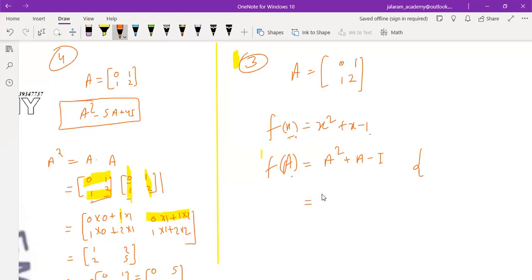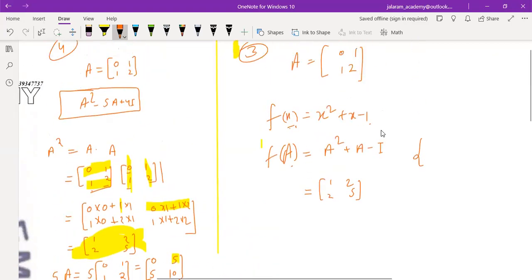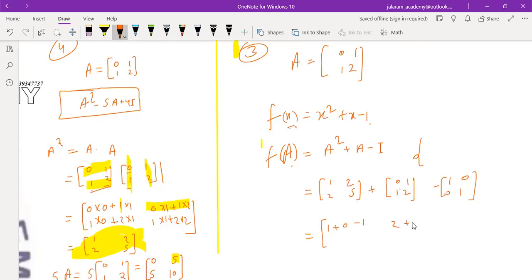So if we now find A square, we already have calculated in the previous question. It is 1, 2, 2, 5 plus A is given minus I is 1, 0, 0, 1, means 1 is replaced by unit matrix. Unit matrix means identity matrix.